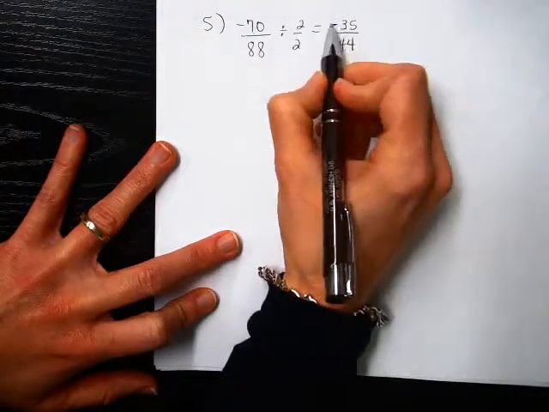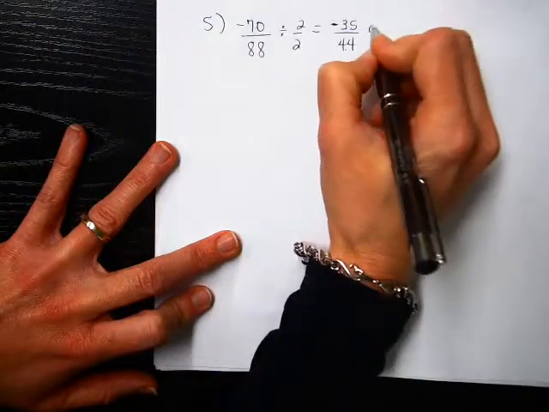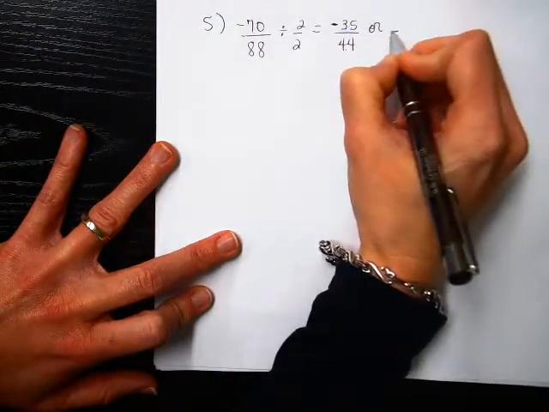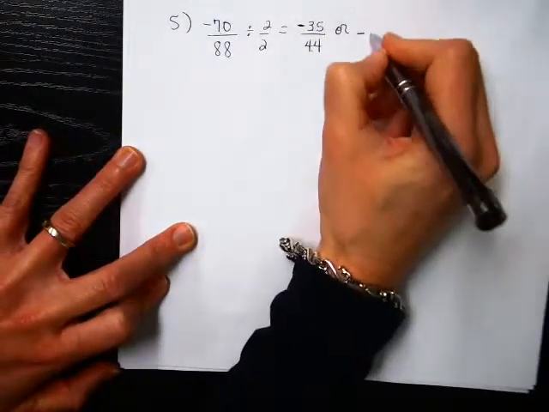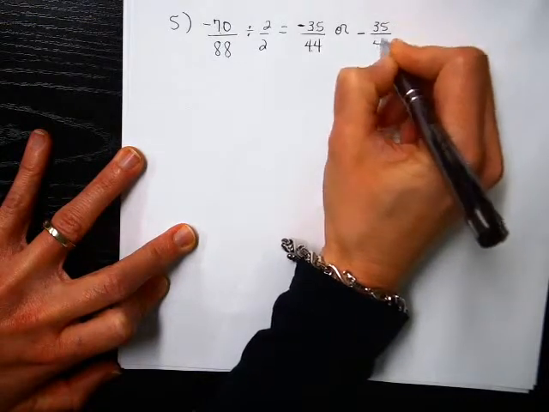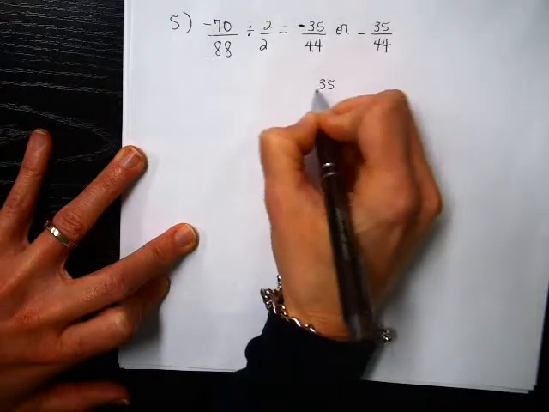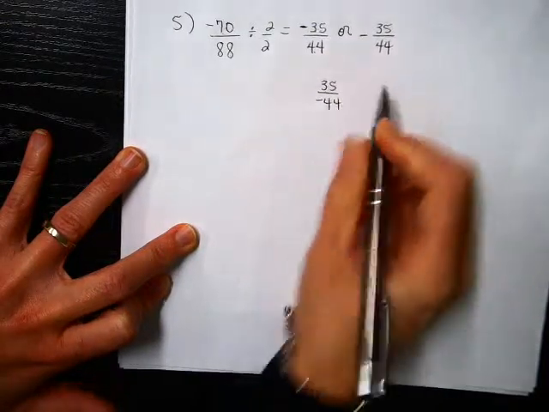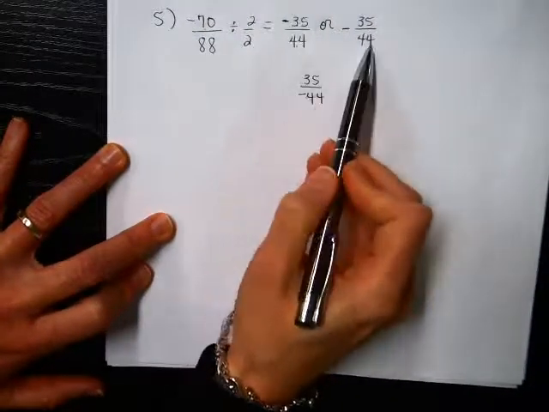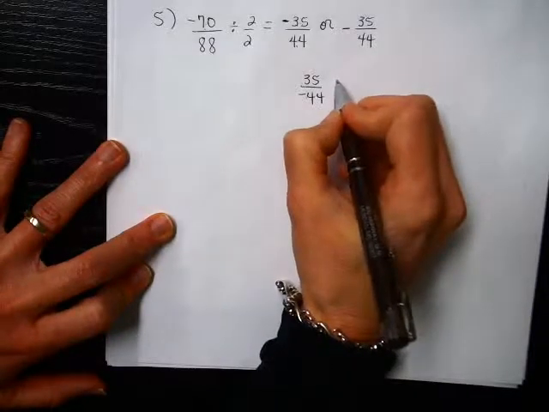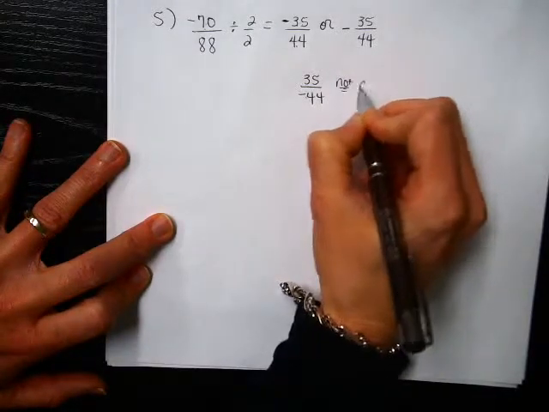Now, let's talk about another way this answer could be written. This could also be written with the negative sign in front of the entire fraction. And 35 divided by negative 4 is equivalent to these two, but this is not considered simplest form.